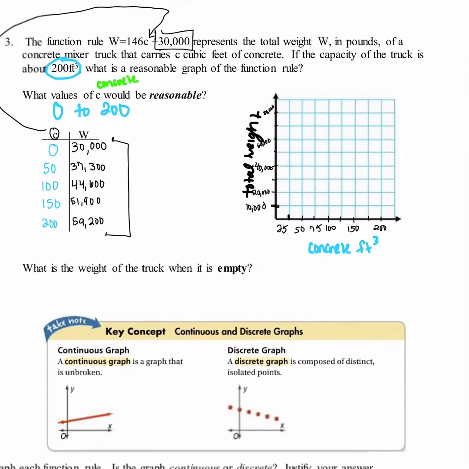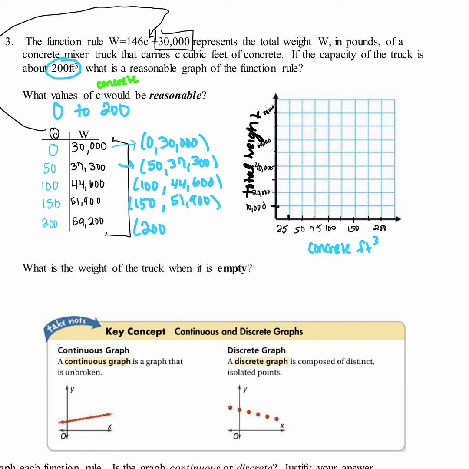I'm going to go ahead and graph my points. So again, this point here would be 0, 30,000, 50, 37,300, 100, 44,600, 150, 51,900, 200, 59,200.